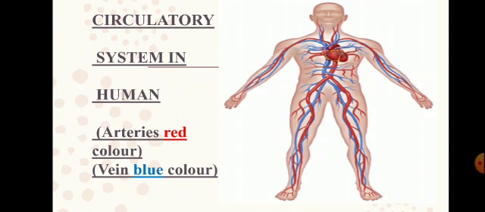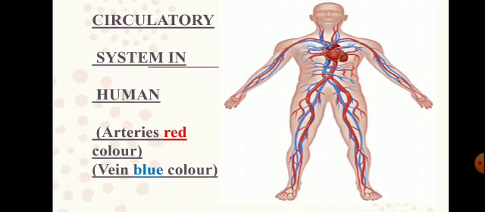Another artery called the pulmonary artery is connected to the right ventricle of the heart and carries deoxygenated blood to the lungs. We will study it briefly later.